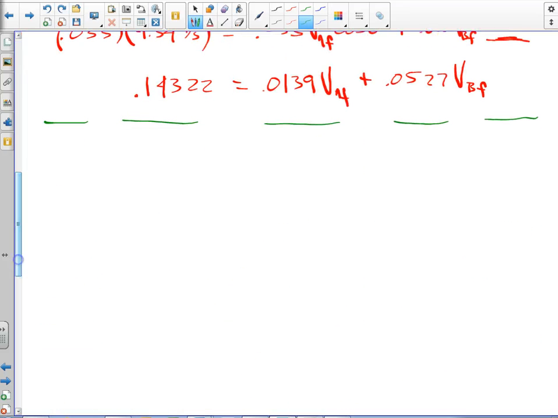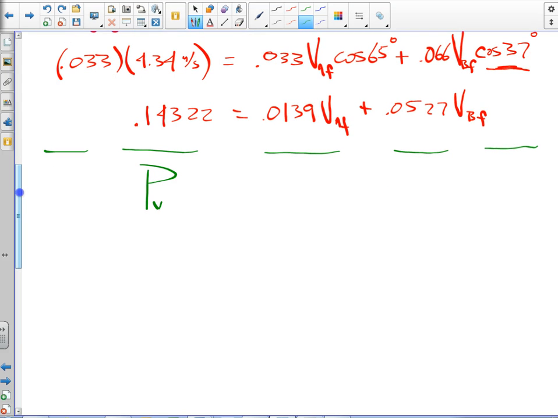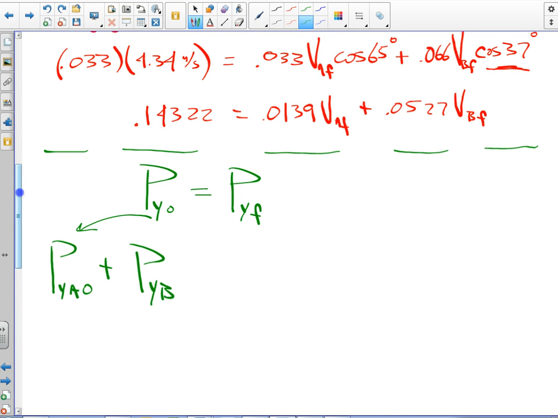So we start off with the same premise, that the original y momentum total has to equal the final y momentum. And I'll write this, although I think it's pretty obvious that we're going to get to 0: the y momentum for A initially plus the y momentum for B initially has to equal the y momentum for A finally plus the y momentum for B at the end.